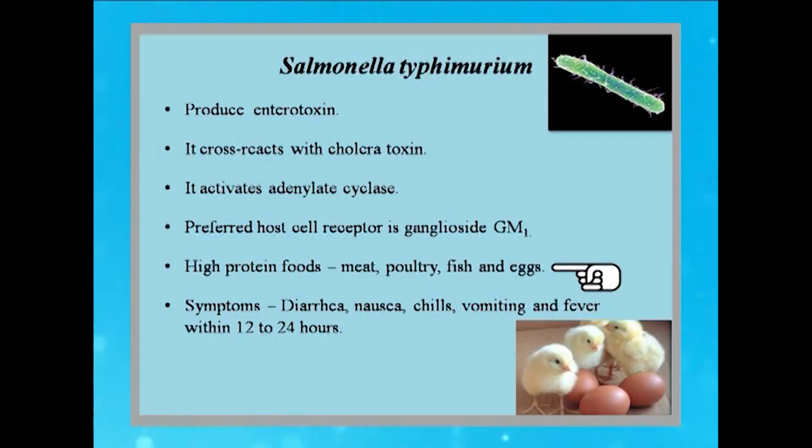High protein food is also seen to be contaminated or poisoned, like meat, poultry, fish and eggs. The common symptoms with salmonella are diarrhea, nausea, chills, vomiting and fever within 12 to 24 hours of consumption of this type of contaminated food.